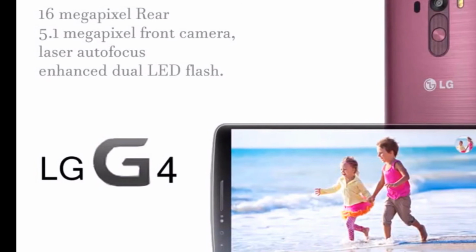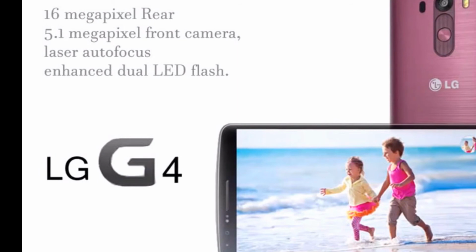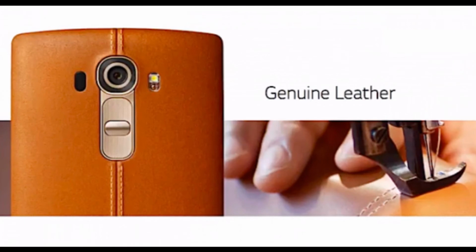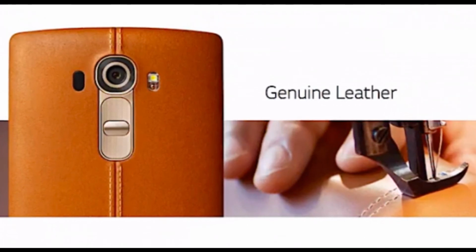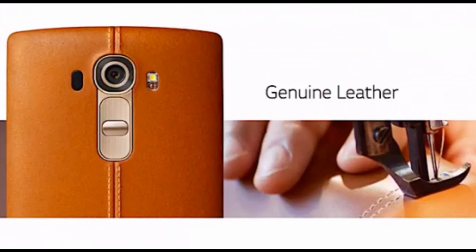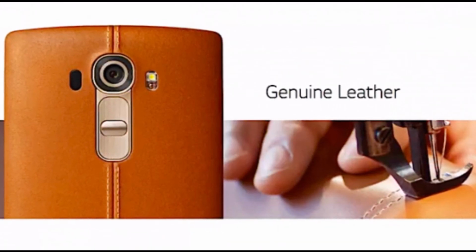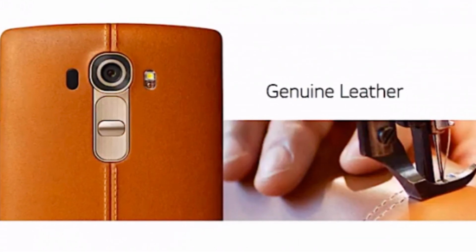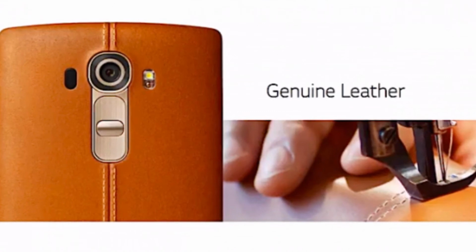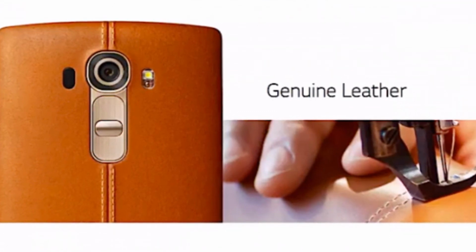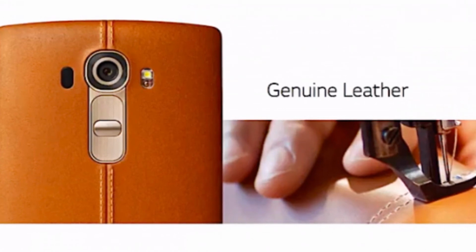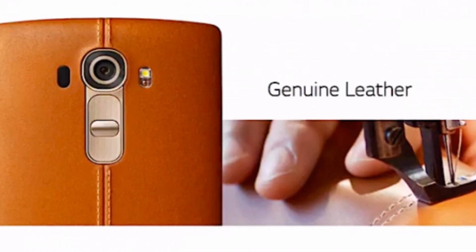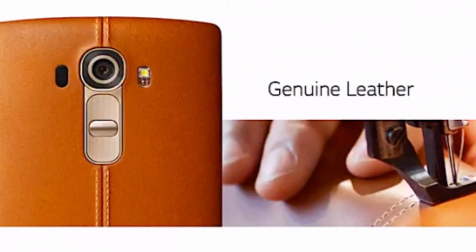The teaser video also plays on the theme of better night shooting, so it's safe to say we can expect an improvement in terms of camera from the G4 over its predecessor, the G3. Additionally, LG has also confirmed that there will be 3 camera modes on the G4. That is the manual mode, the simple mode, and one more, I guess. I'm not remembering it right now, but I'll have links for all those in the description below.